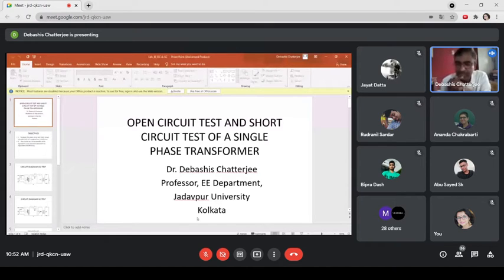Now if you see these 6 components, they can be broadly classified into 2 classes. In one case, some of the components are working in series with the load current, because the supply is connected to the primary side and the load is connected to the secondary side, so current flows from primary to secondary, if you remember your transformer classes or transformer equivalent circuit.